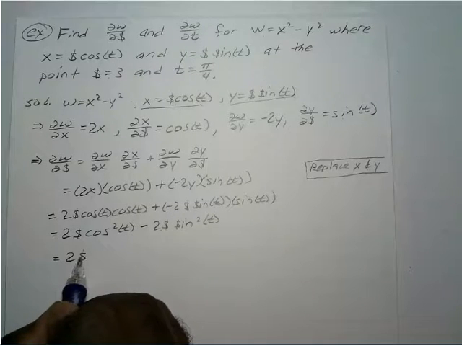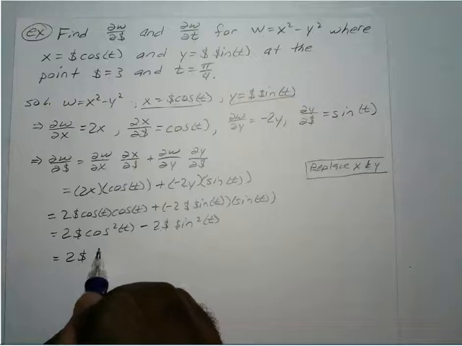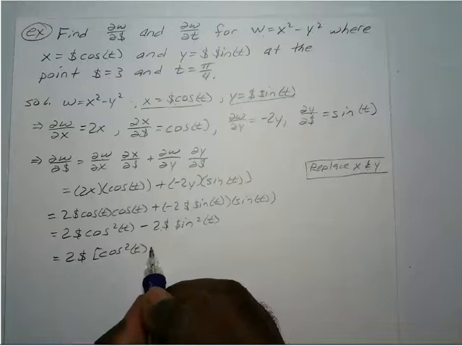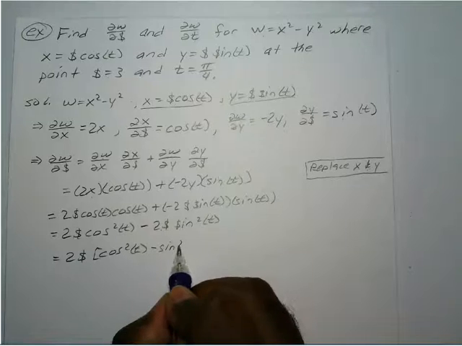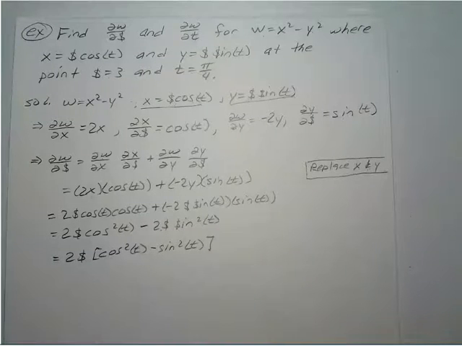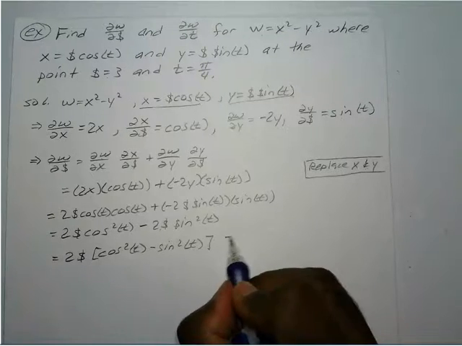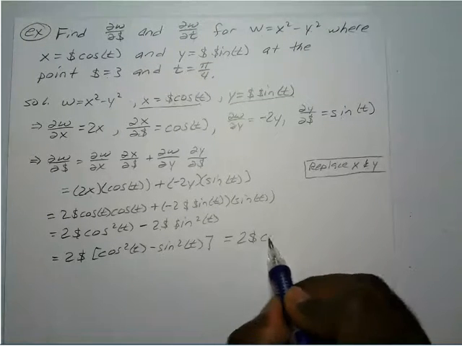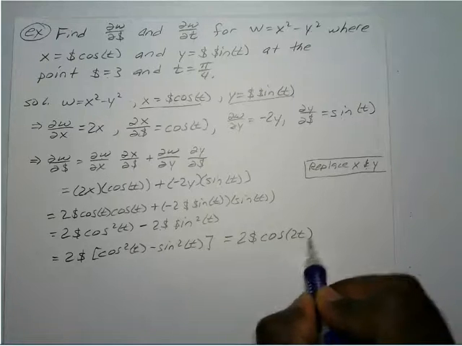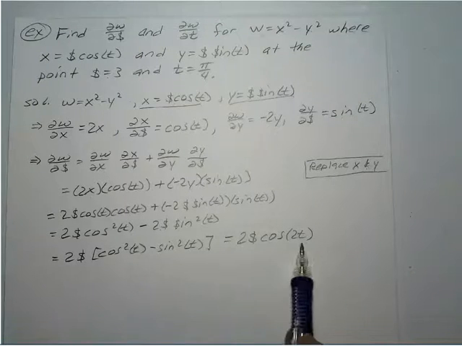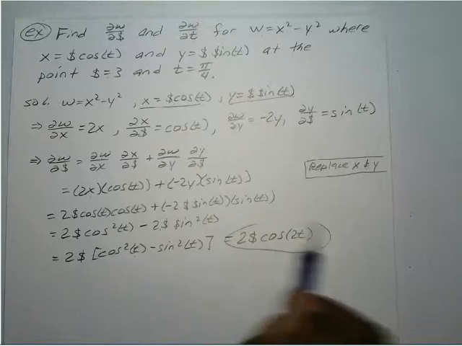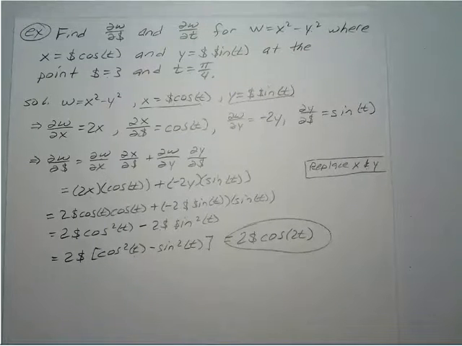So that's 2s times cosine squared of t minus sine squared of t, which we're going to put as one nice, neat little term, which is 2s cosine 2t. Because cosine of 2t is equal to cosine squared of t minus sine squared of t. It's one of your trig identities.